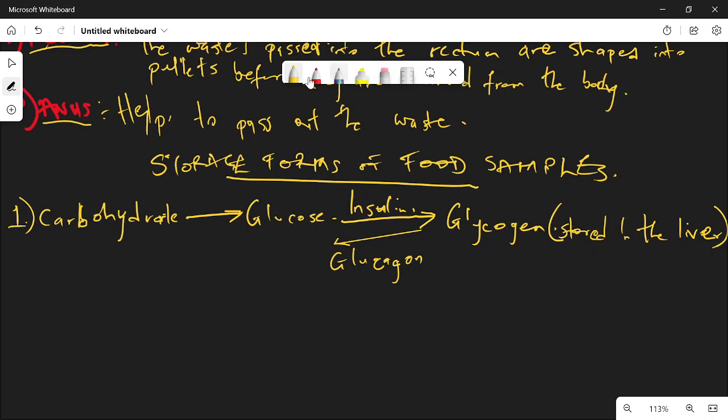These enzymes, enzyme 1 and enzyme 2, are both produced in the pancreas.